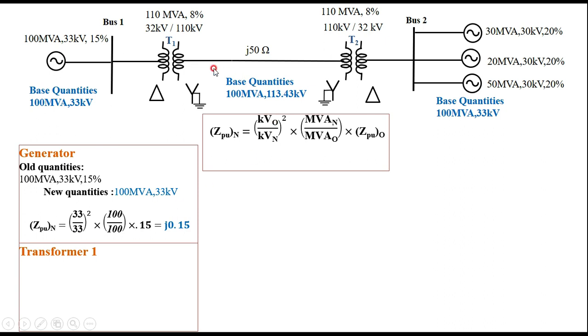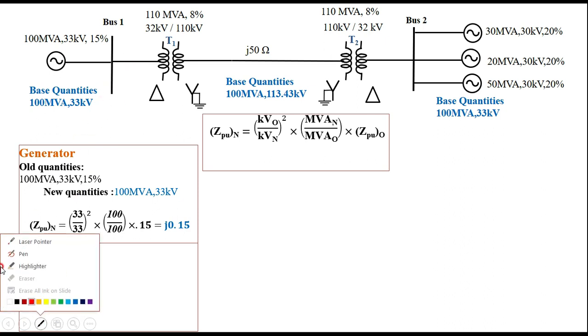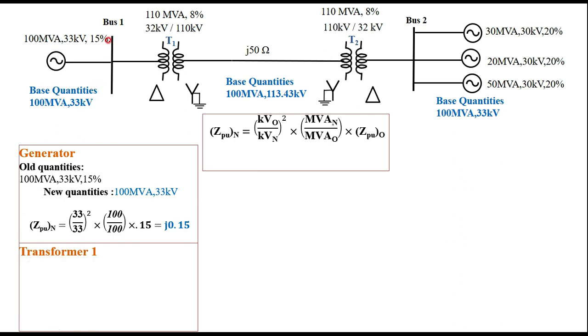Then I am going for transformer 1. In the last problem I told you that if you are calculating the per unit reactance of the transformer, whether you refer to the generator side or to the transmission line side, it remains the same. If you are considering the generator side, the new values are these, and these become the new values for calculating the new per unit value for the transformer.